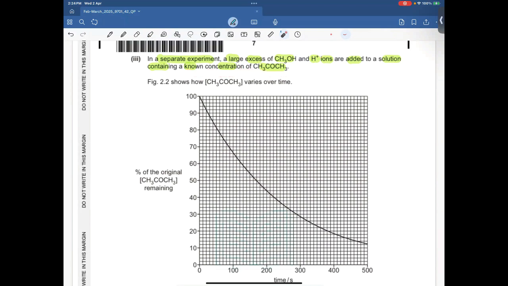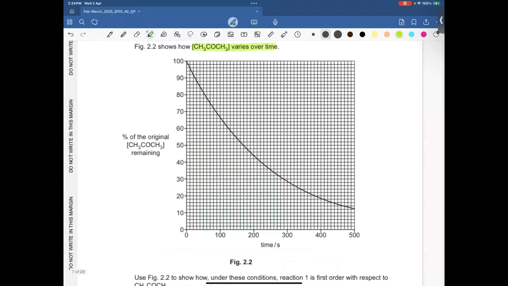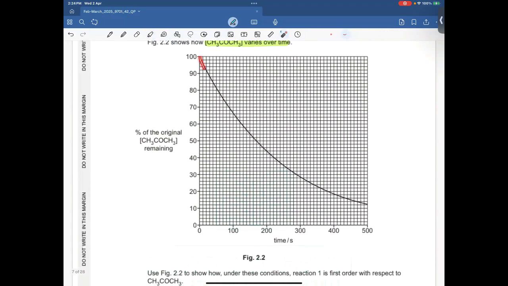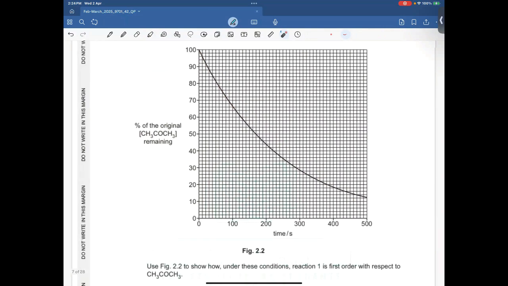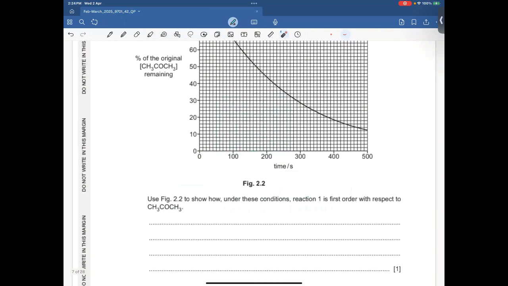And for that, the examiner has given us a graph in which the concentration of propanone varies over time. So it's a decreasing gradient, by the way, guys, right? We have discussed this in class. Use figure 2.2 to show how under these conditions reaction 1 is first order with respect to propanone.